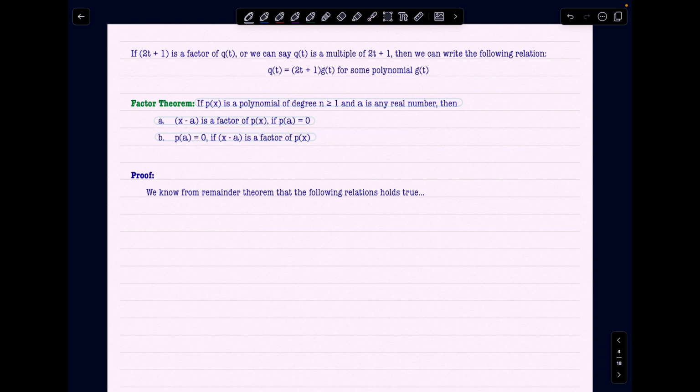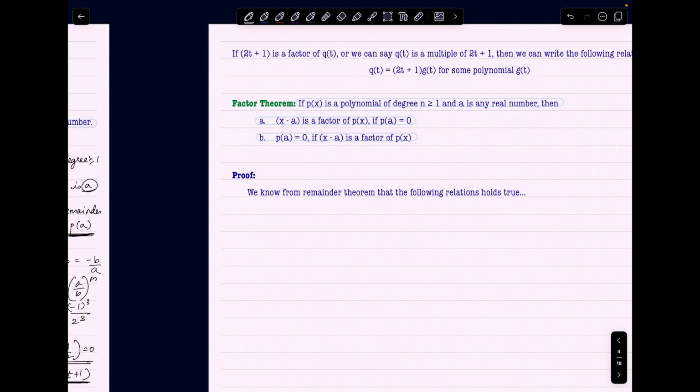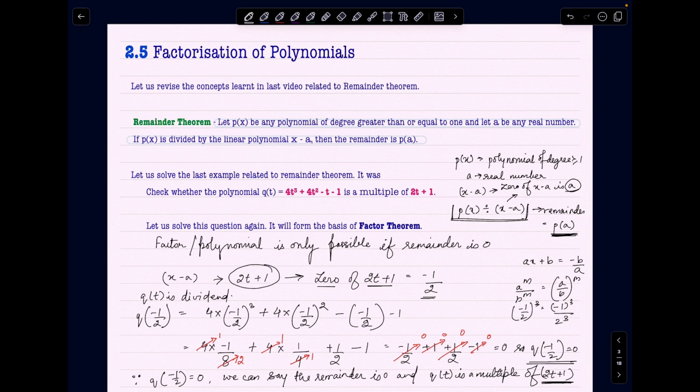It is saying the same thing that I have already told you: we can only say that one is a factor or multiple only if the remainder is 0. We already know the remainder value.